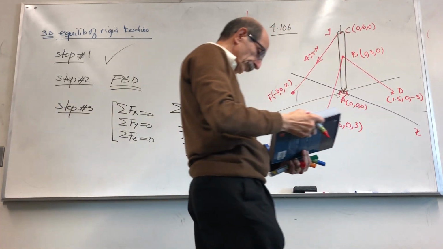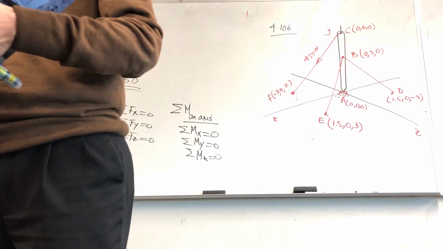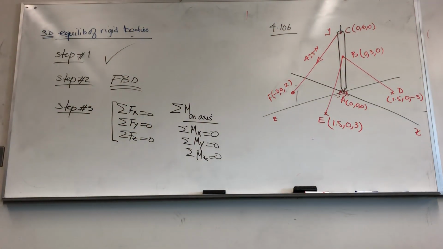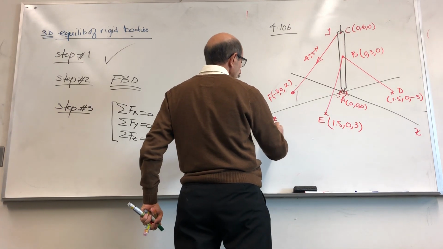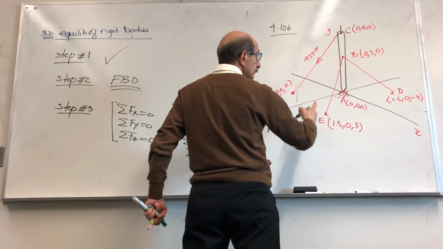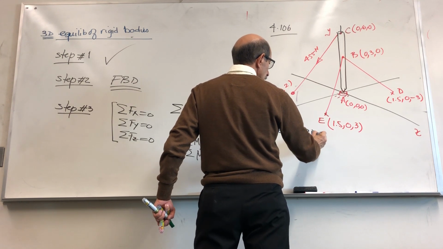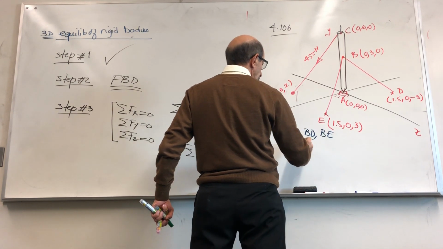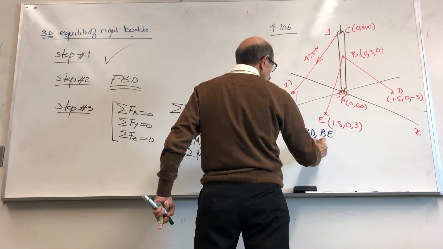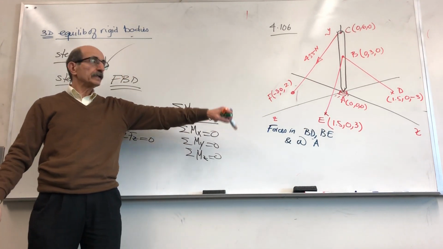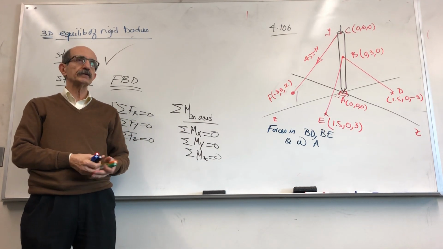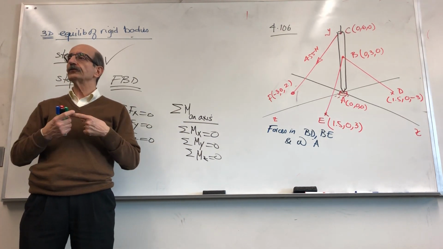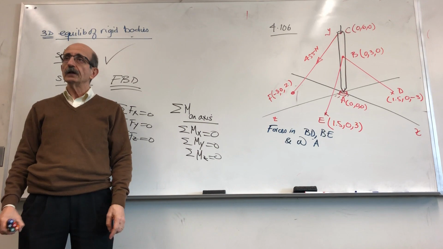So the problem is asking you to find the forces in cables BD and BE, and at A. As I said, at A, rotation is allowed in all 3 directions, so that support is only resisting motion in X, Y, and Z direction.